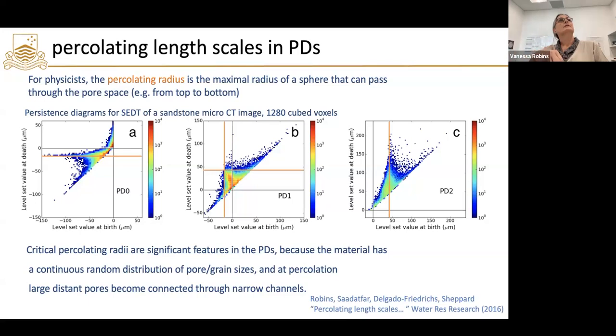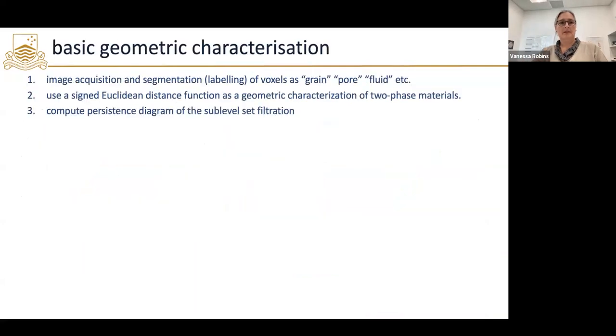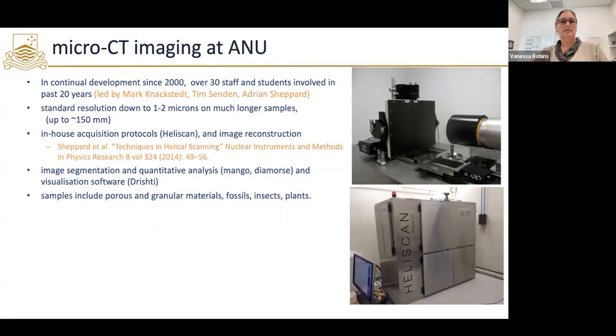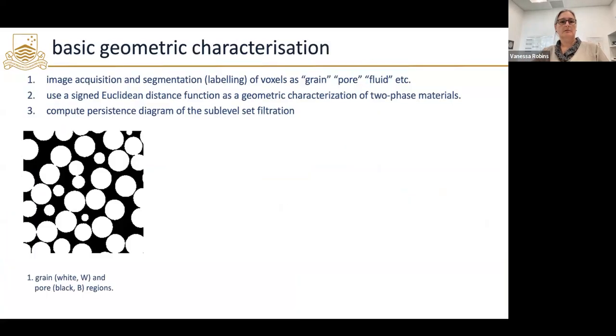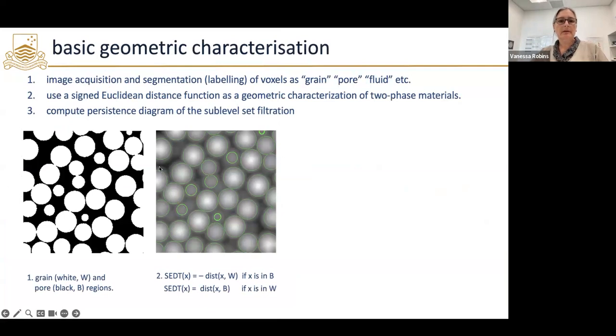So the births of the connected components are local minima of my signed distance function, yeah? Okay, so the local minima are at these centers of these pores, and they correspond to the births in PD0.